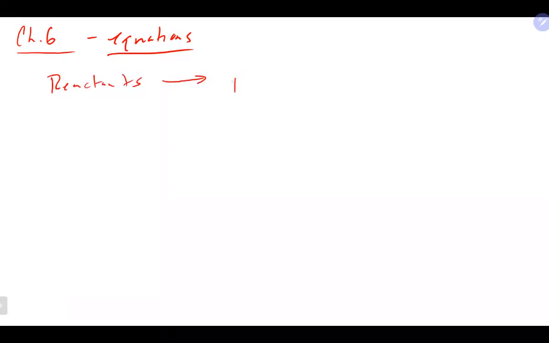Really, chapter 6 was about equations. And obviously in chapter 6, we talked about the idea of proper equations. So we always start with our reactants that go to our products. Reactants obviously being our starting material, and products are the stuff that is formed.